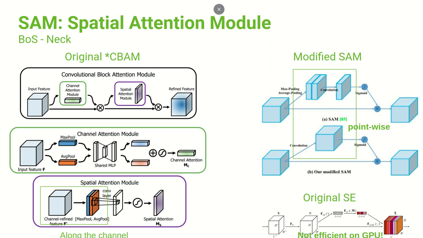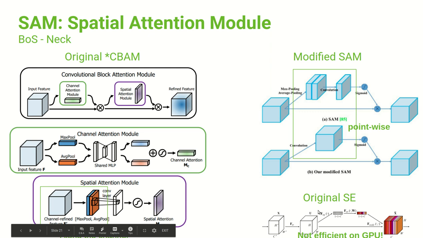So let's first talk about what the squeeze and excitation model is. That is a channel-wise attention model. What the channel-wise attention model does is, if you have a feature map as an input, it first compresses using the average pool along the spatial dimensions.